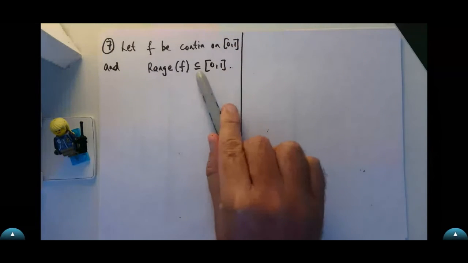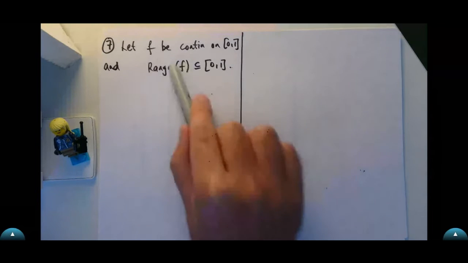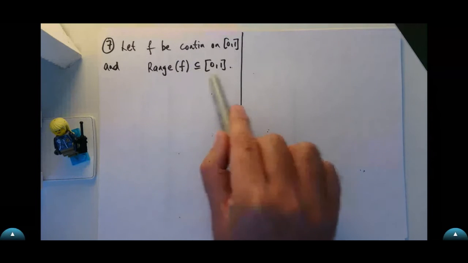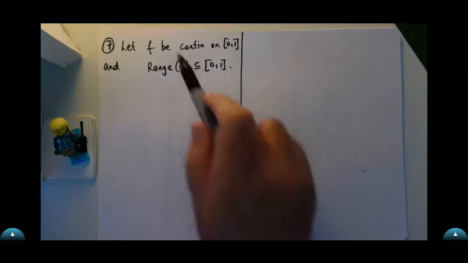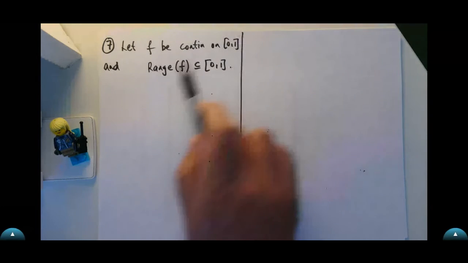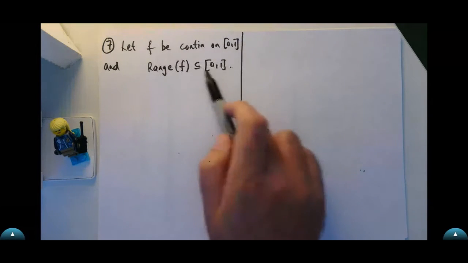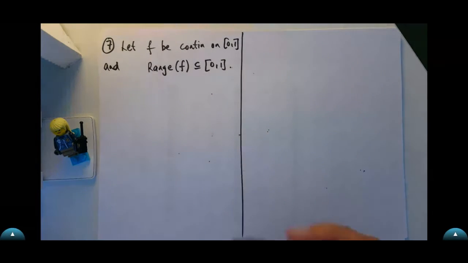What this funny looking symbol means is that this set is a subset of, or could be equal to, this interval here. That's all the information we're given regarding the range. So the domain of f is this set, and the range of f is no bigger than this set.